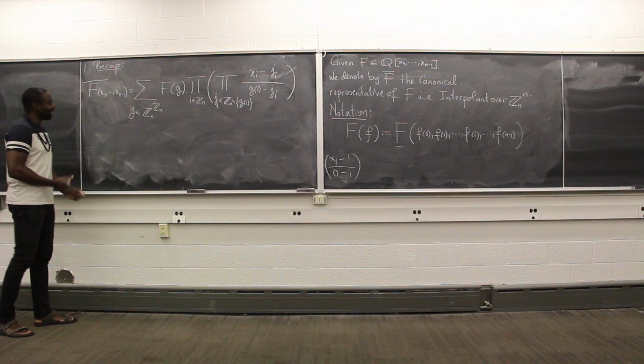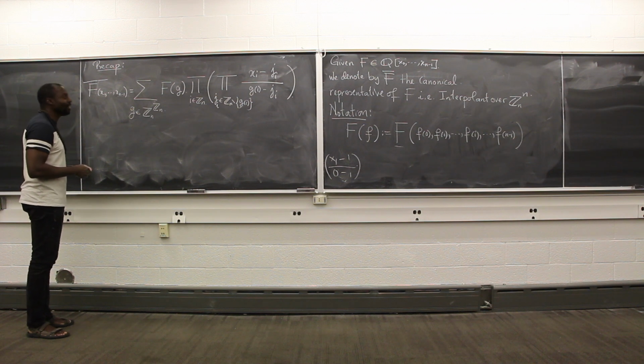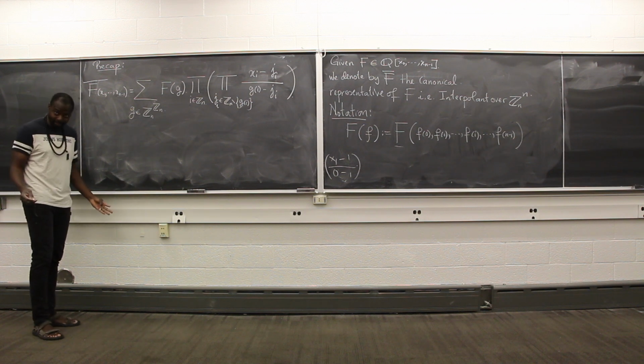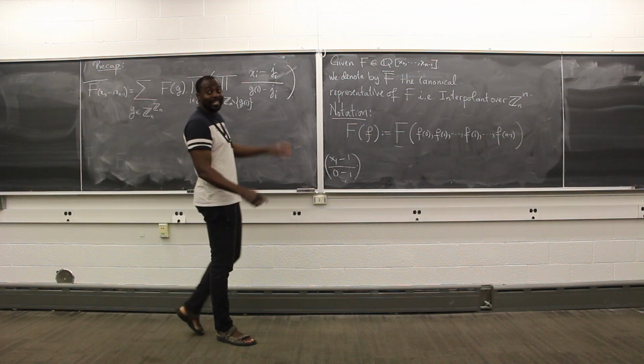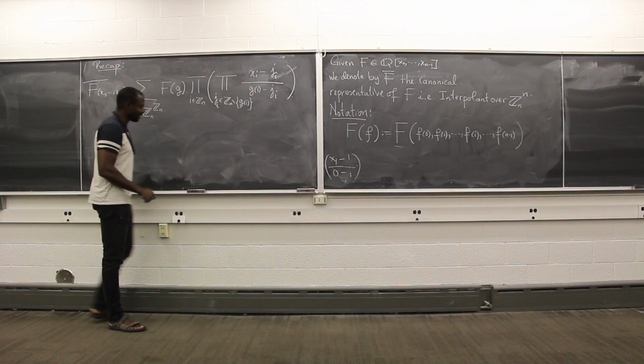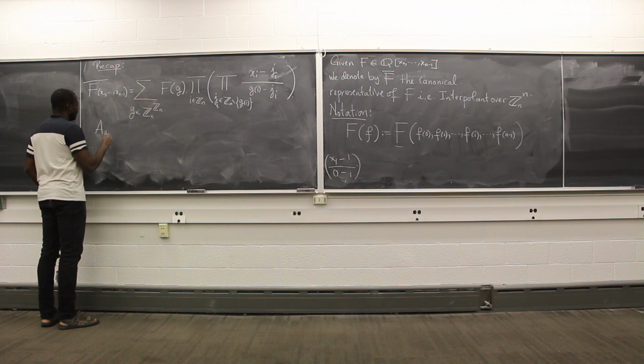So let's define what is the automorphism group of a polynomial, and then I will stop to erase the board so that we actually prove the theorem. Here is a very important concept. This is classic in algebra.